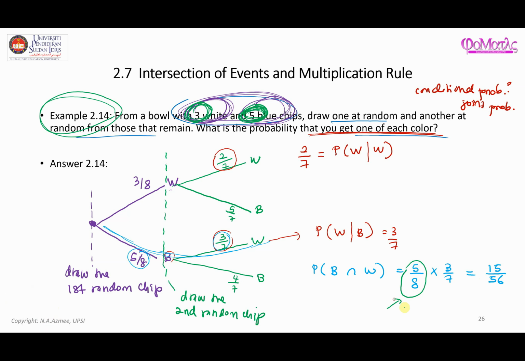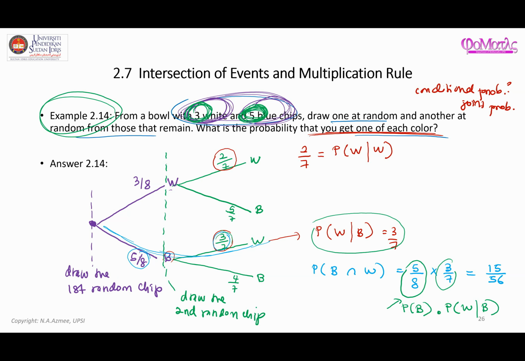Now I'm going to explain to you what 5/8 is. 5/8 is the probability of getting a blue chip. And 3/7, as I have illustrated to you here, is the probability of getting a white chip given that you have drawn the blue chip.